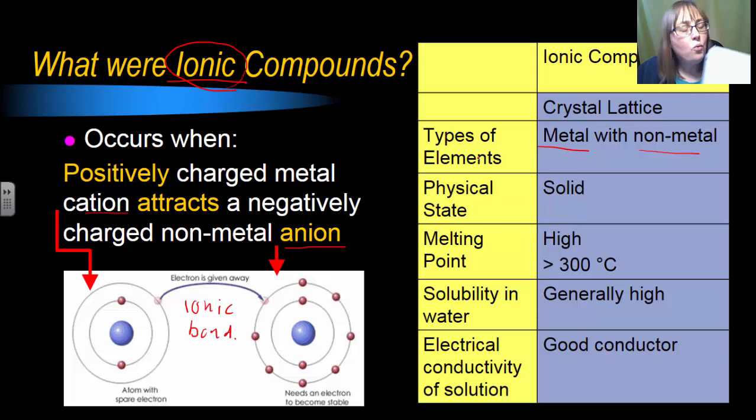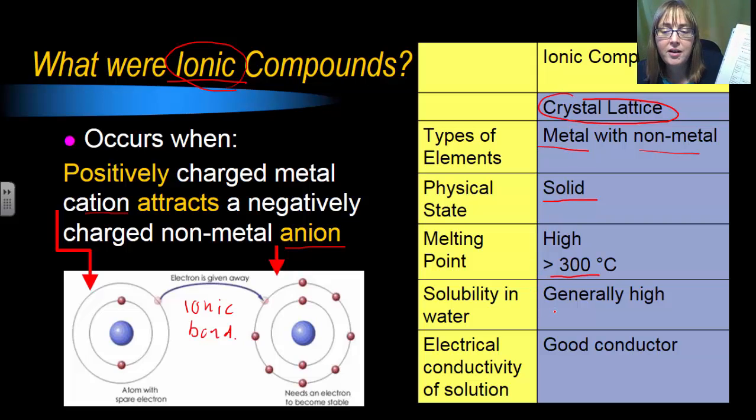One of the important things about ionic compounds, like salt, is that they're often in crystal forms, and all of them are going to be solids. If you try melting them, they usually need a very, very high temperature. You ever tried melting salt before?